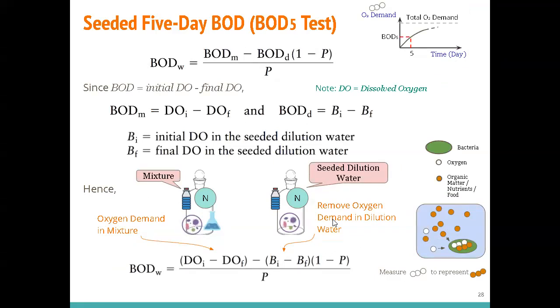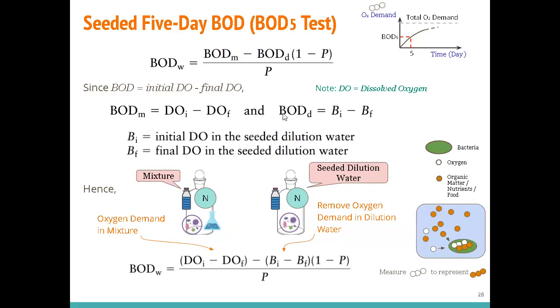Okay. So here is, I know it looks very confusing, but everything here is just oxygen demand. Okay. So biochemical oxygen demand for the mixture, just do the subtraction, initial dissolved oxygen, final dissolved oxygen. And for the dilution water, again, initial dissolved oxygen, final dissolved oxygen.